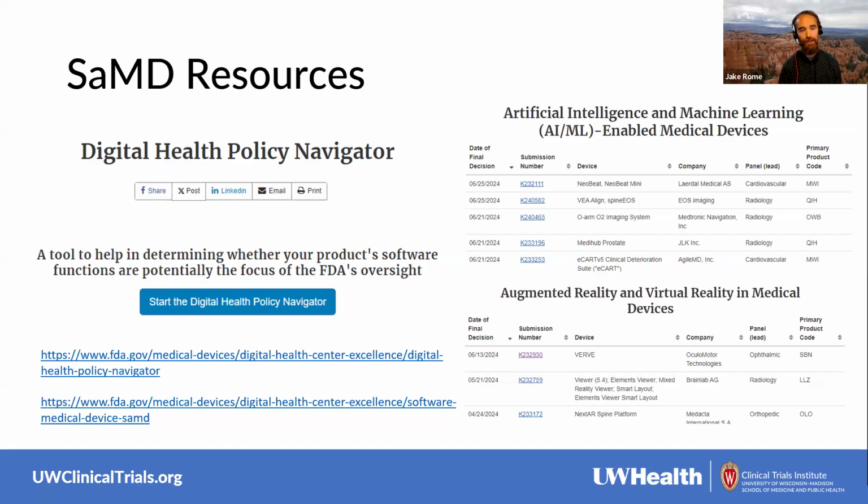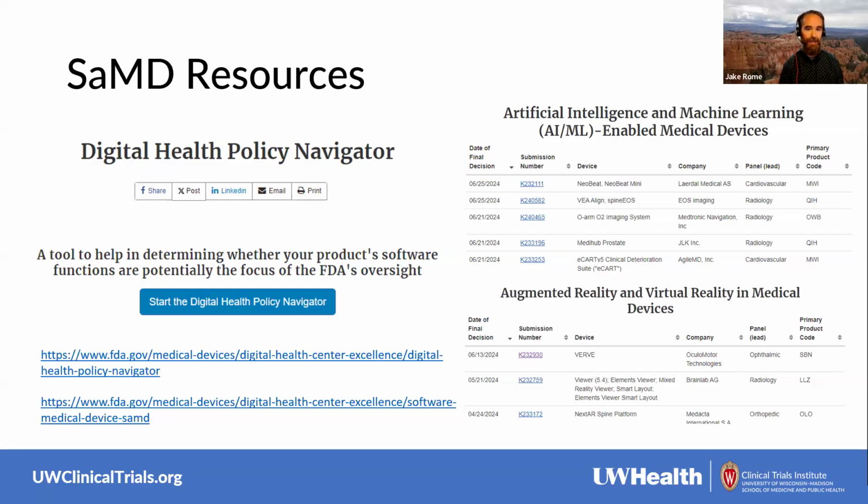Now, one note about using the digital health policy navigator is you will see this fun prompt that may say, your device is subject to FDA enforcement discretion. I just want to put the caveat out there that the FDA's exercise of enforcement discretion is limited to marketing purposes.